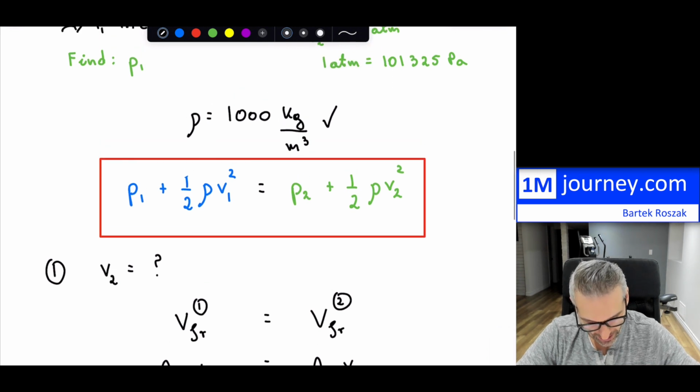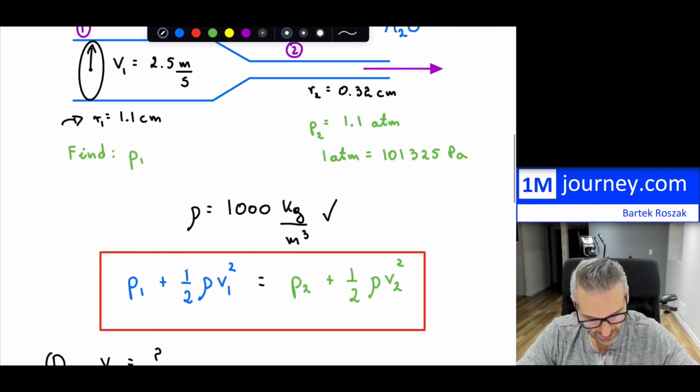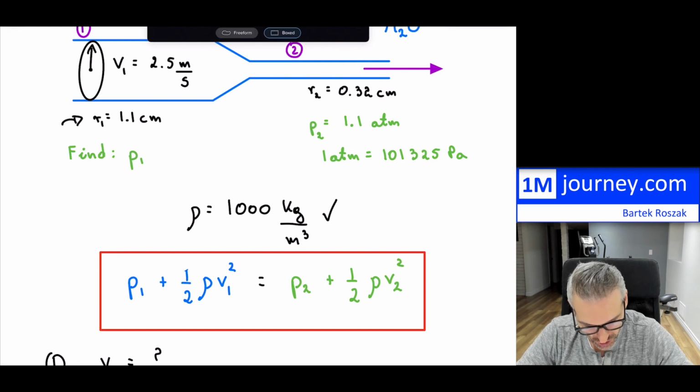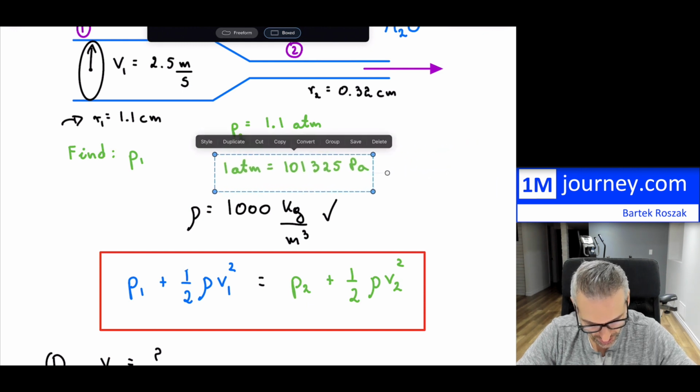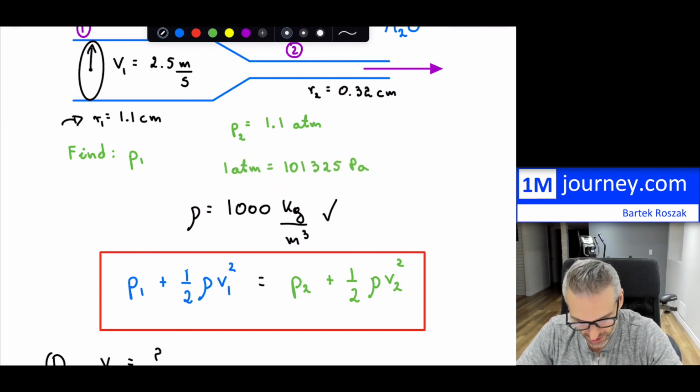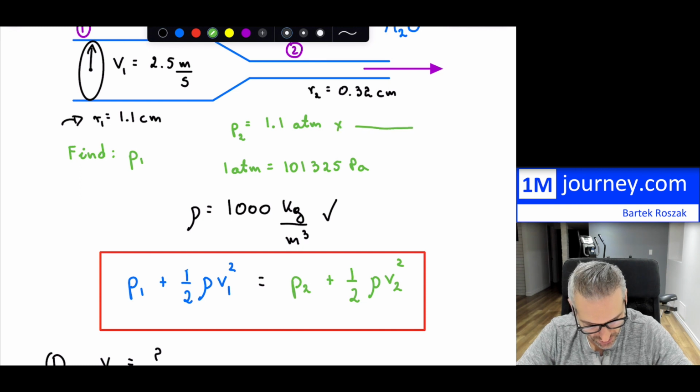The one other item I have to be careful with is that I have to change this pressure to metric standard units. So let's do that. We can use this as our guide for converting it back. This is just the regular unit conversion. So 1 ATM is 101,325 pascals.